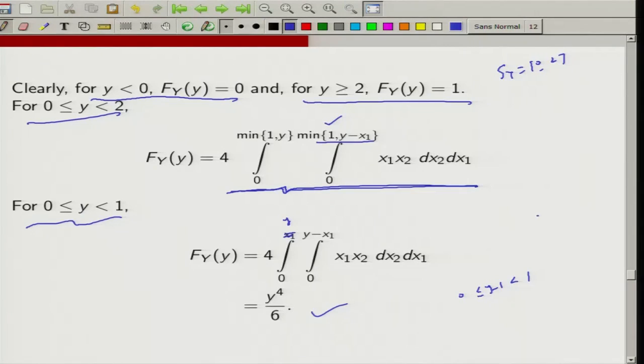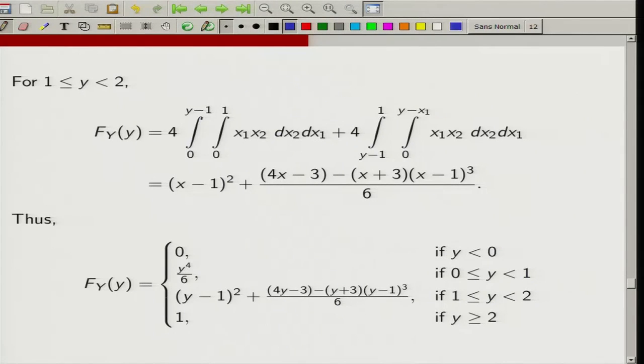So, x1 is 0 to y, which means y minus x1 would be greater than or equal to 0 and less than or equal to y. If you break this range, it becomes 0 to y minus 1, 0 to 1, plus 4 times the integral from 0 to y minus x1 of x1 x2 dx2 dx1.